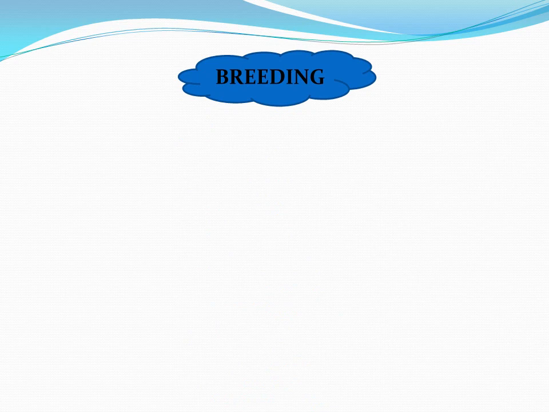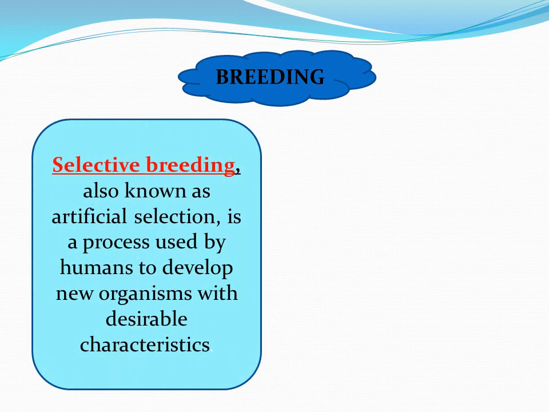The next step is breeding. Basically, selective breeding is done for the animals which give wool. Selective breeding is also called as artificial selection. In this, the humans develop the new organisms with the desirable characters.